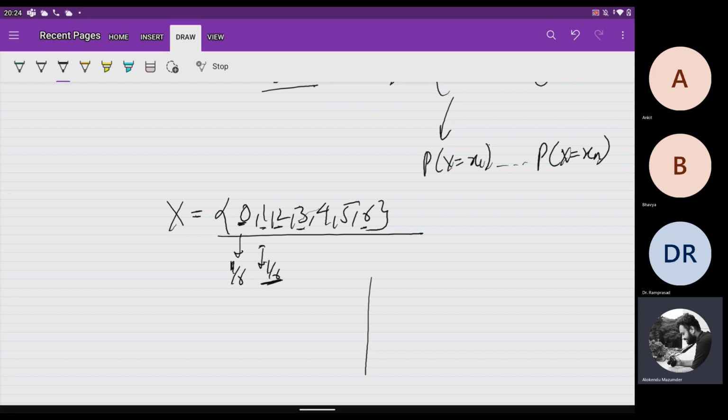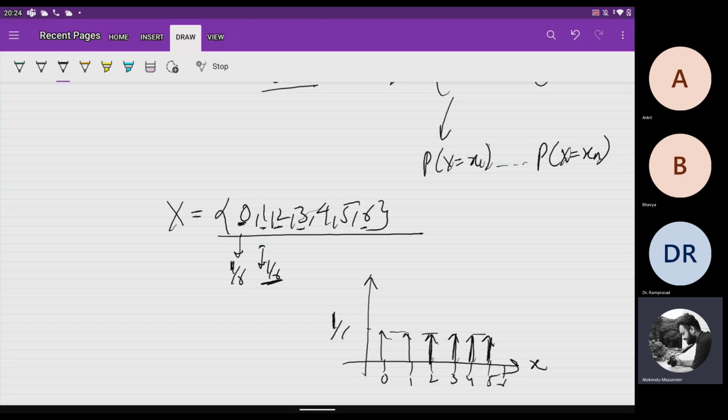So if I plot the PMF of this experiment, how will it look? Bar graph. Yeah, it will be a simple delta, 1 by 6, for all.